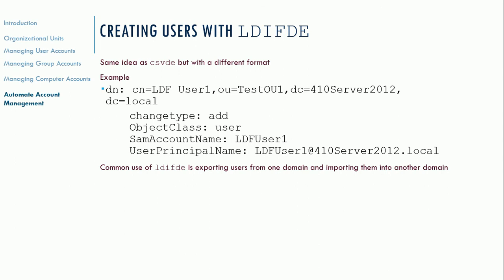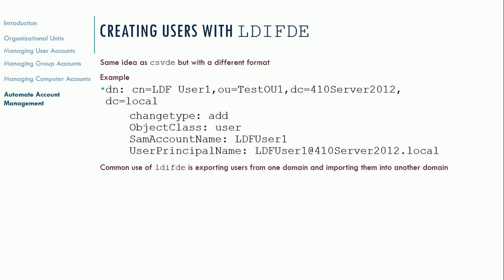So here's the thing about the LDIF command. You can't use it if you don't have LDAP enabled on the Active Directory server you're querying. But why would you use this? Let's say I've got a domain somewhere that has a whole bunch of user accounts that I want to migrate to a different domain. You could use the LDIF command to do that.